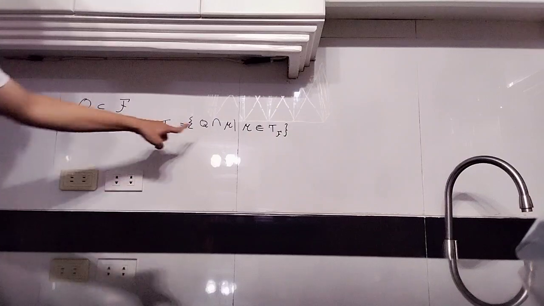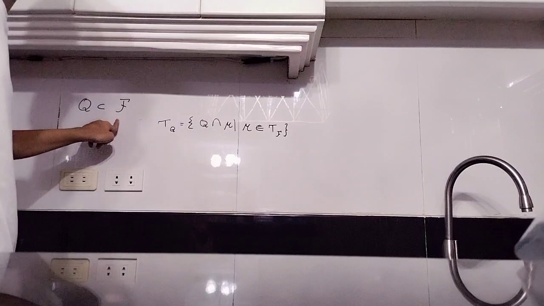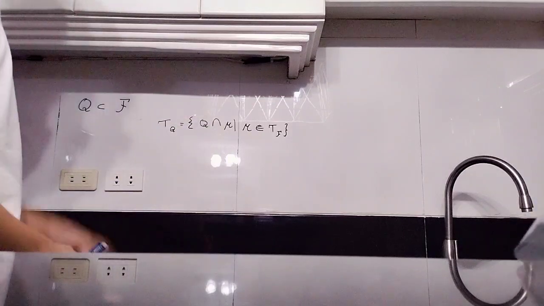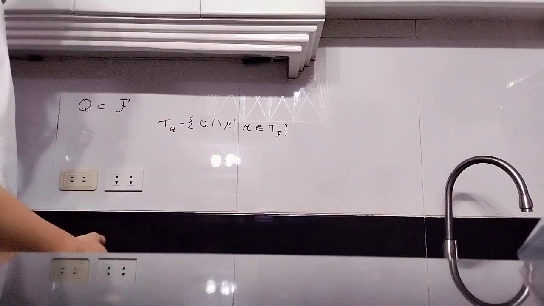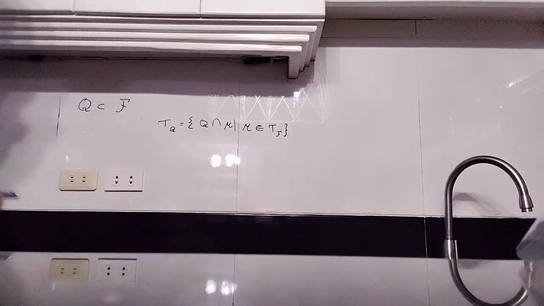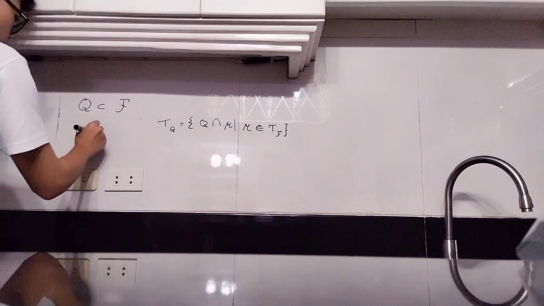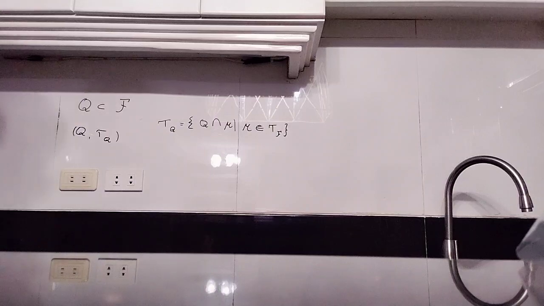I have elements in Q here, and I have elements of an open set inside the topology of F. I just take the intersection, what's common among both of them, and make those my open sets in this topology. It's as simple as that. Just equip Q with this so-called subspace topology, and we get a topological subspace.